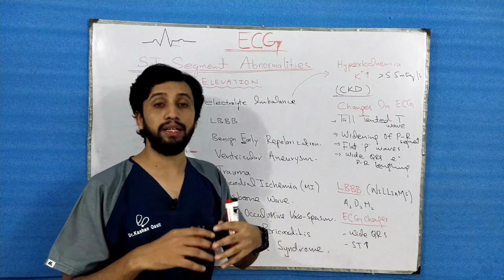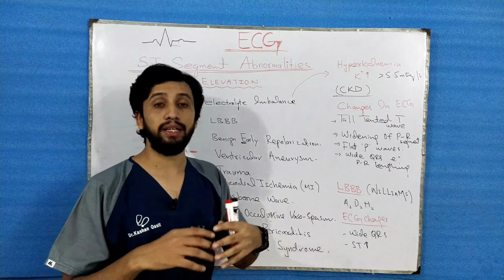So this WilliaM is the mnemonic for remembering left bundle branch block, and there are also mnemonics for the causes of left bundle branch block: A2, D2 and H2. A2 shows A for aortic stenosis, and the second A for anterior wall MI.